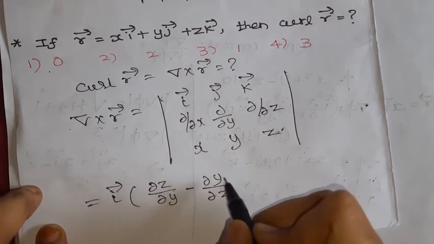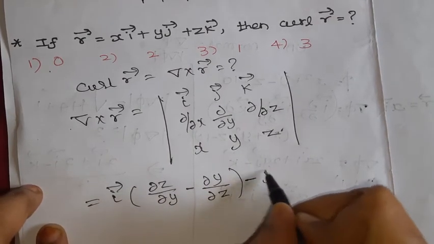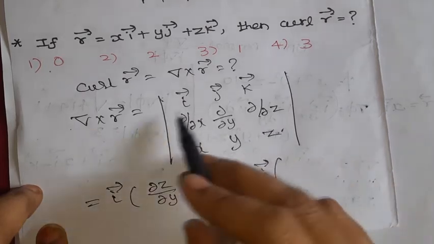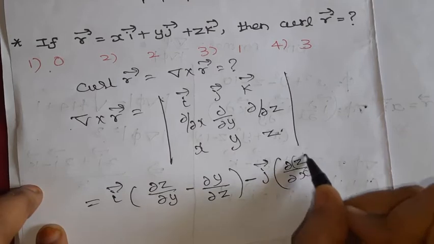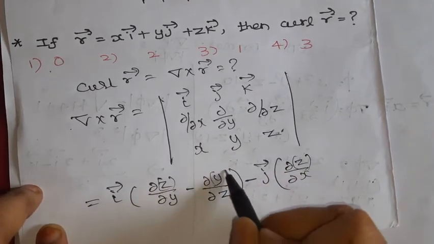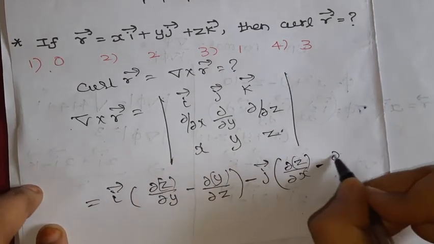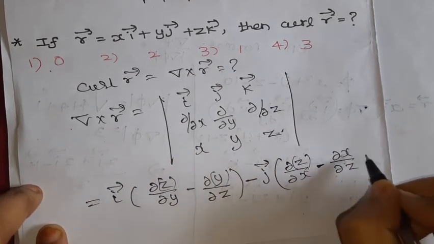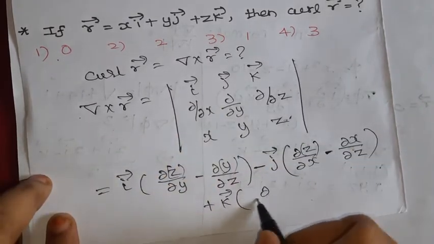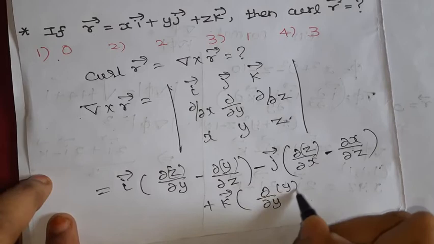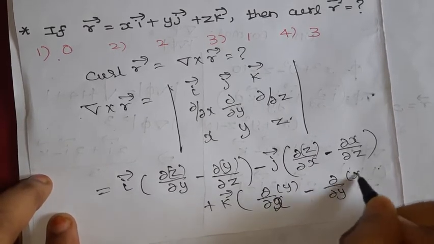then minus j into dou z by dou x minus dou x by dou z, plus k into dou by dou x of y minus dou by dou y of x.